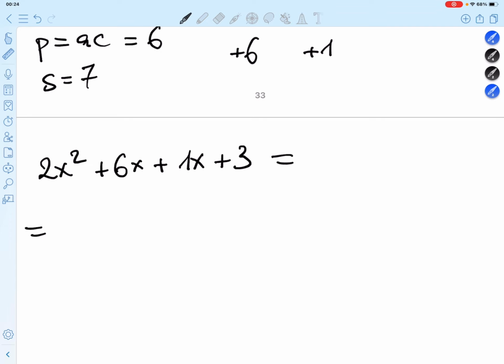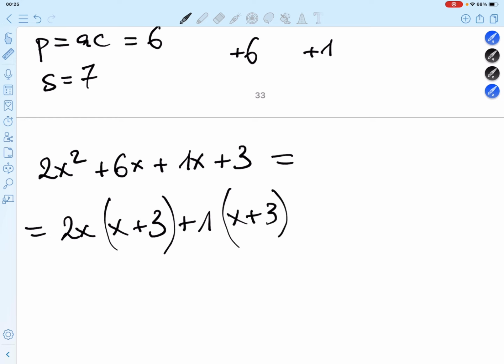So this is equal to, we're going to factor out the terms that they have in common. So here 2x squared and 6x have 2x in common. If I factor out 2x, I'm going to be left with x, and then here I'm going to be left with 3. Here instead I'm going to take 1, and then what would be left is x plus 3.